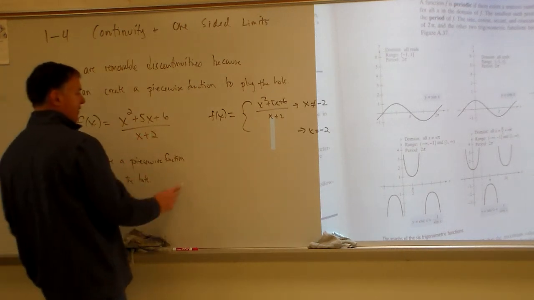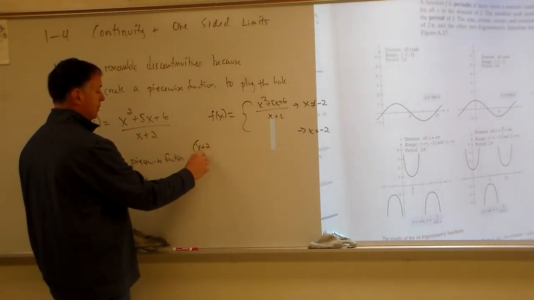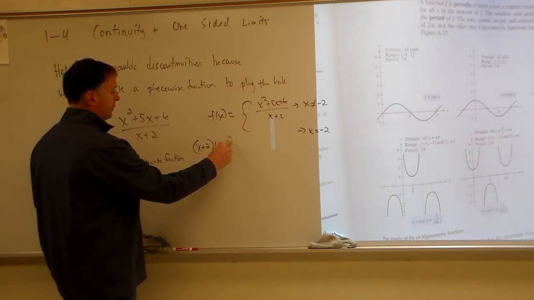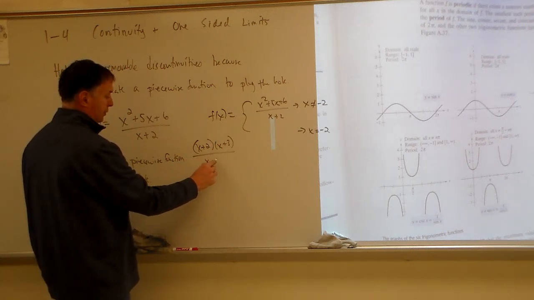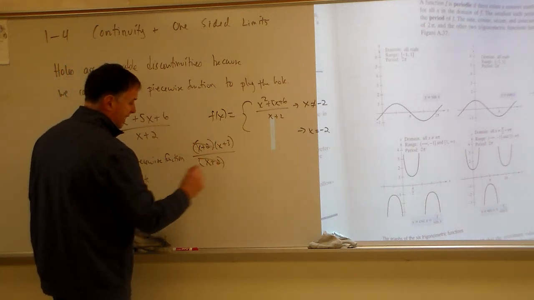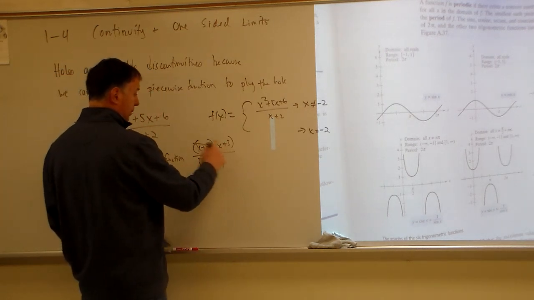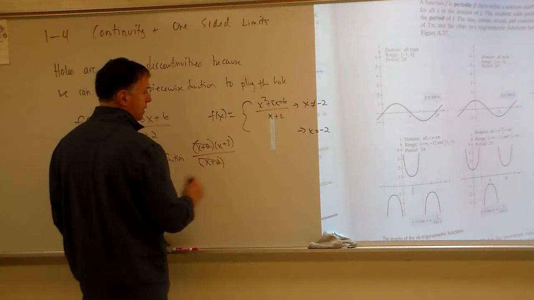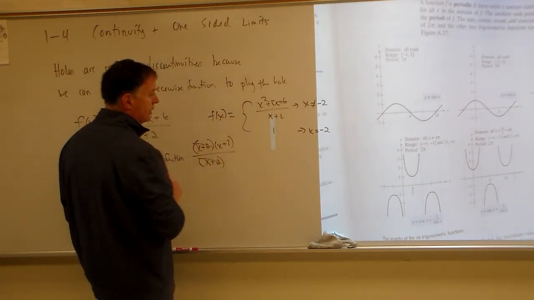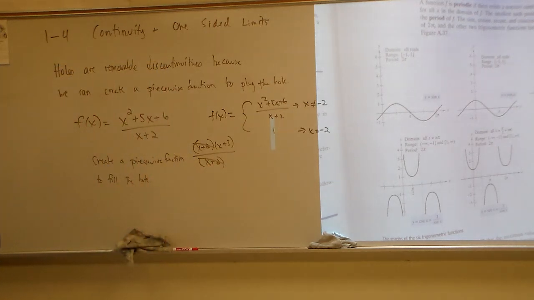So I take this and I factor it: x plus 2 times x plus 3, over x plus 2. These things cancel. Let's plug that negative 2 in now. Negative 2 plus 3 is 1, so we would make this a 1, and that would plug the hole. Okay?